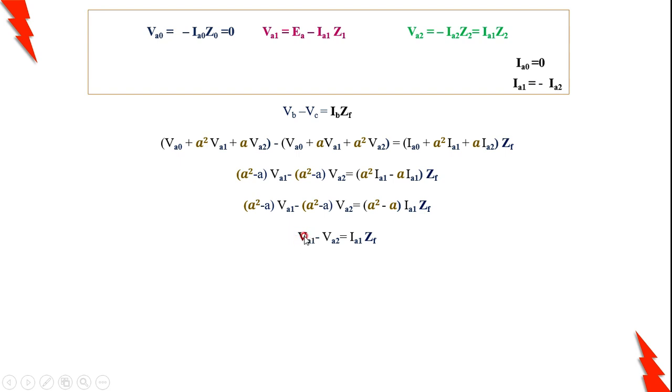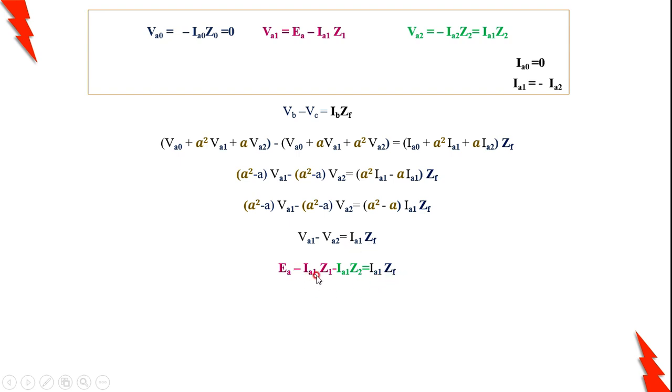Then substitute the values of VA1 and VA2 from this equation, so that there is only one variable, in terms of IA1, so that I can calculate the value of IA1. Therefore, VA1 is EA minus IA1 Z1, VA2 is IA1 Z2, which I am substituting instead of VA2. Then IA1 ZF as it is.